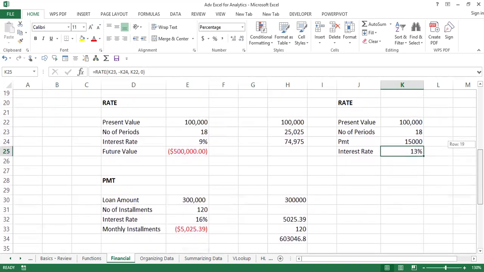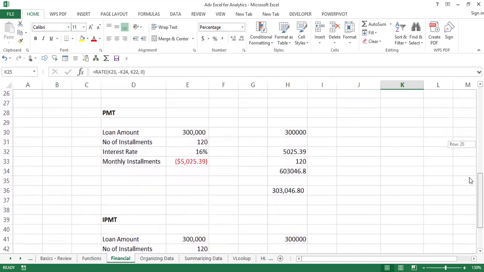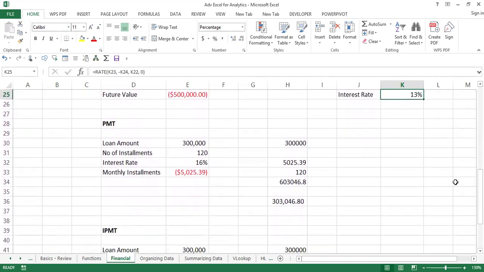Now, payments. This scenario is talking about a loan amount of 300,000, number of installments 120. That's 10 years.